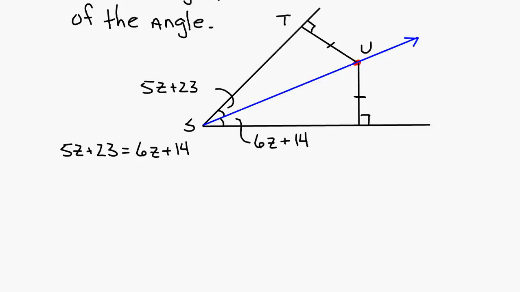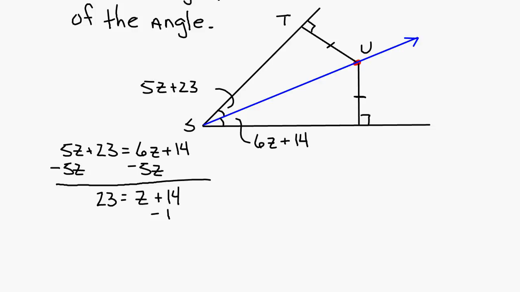And you can solve for z. So 23 would equal z plus 14, and subtract 14. So 9 equals z.